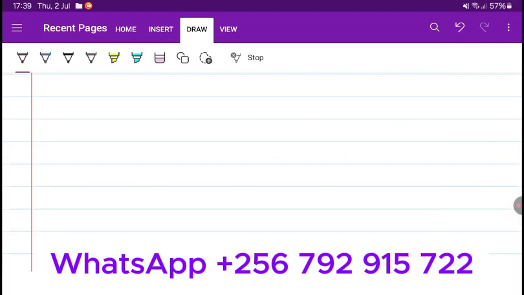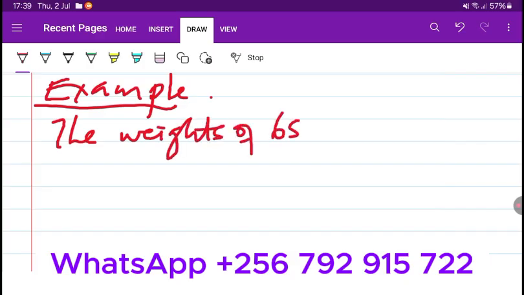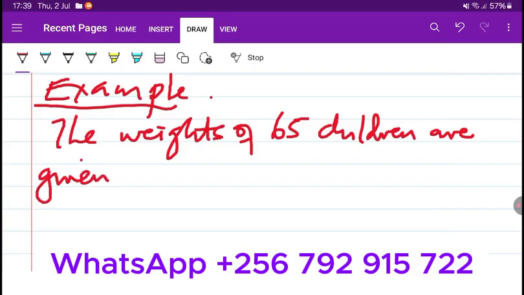So example, let's say that the weights of 65 children are given below, are given by the following table.